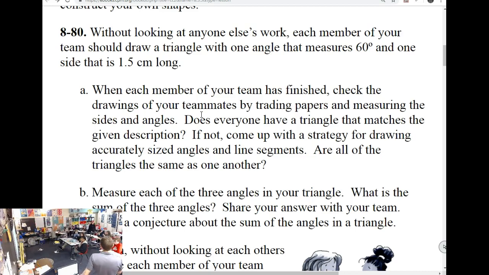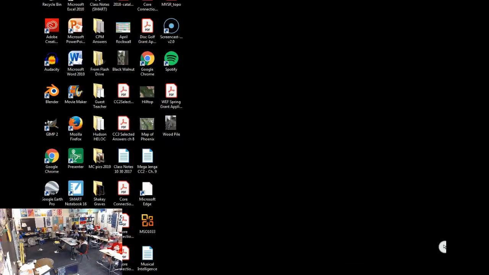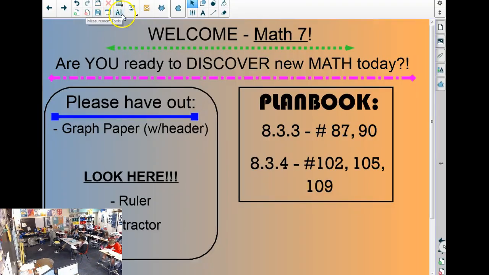So, should I start by trying to make my angle, or should I start by making the line? So, grab your ruler. Let's make an edge that is 1.5 centimeters long. Then, off of that line, you want to make your angle of 60 degrees.